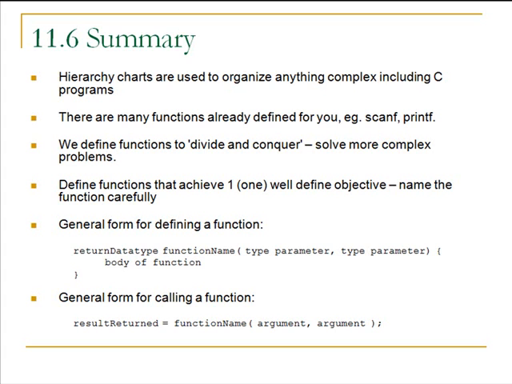Functions should be defined to achieve one objective, and they should be named accordingly so that you can read the code more easily. In the next segment, when we define some functions, it will be much easier to understand why that's important. If you have a bunch of functions that are named inappropriately, then it doesn't add anything to the readability of the code. If you can't understand what the code is doing, it's just very frustrating.